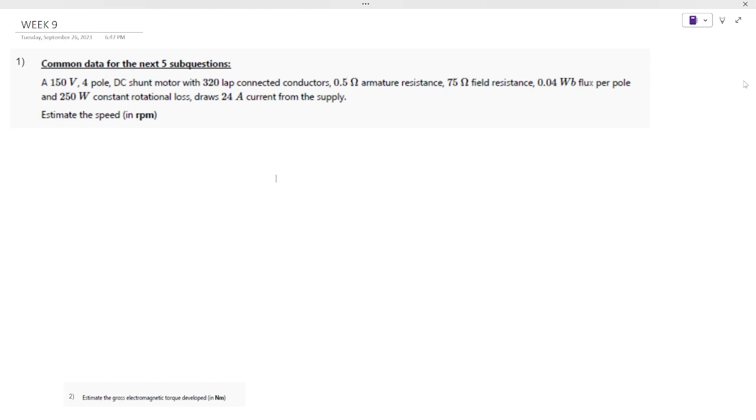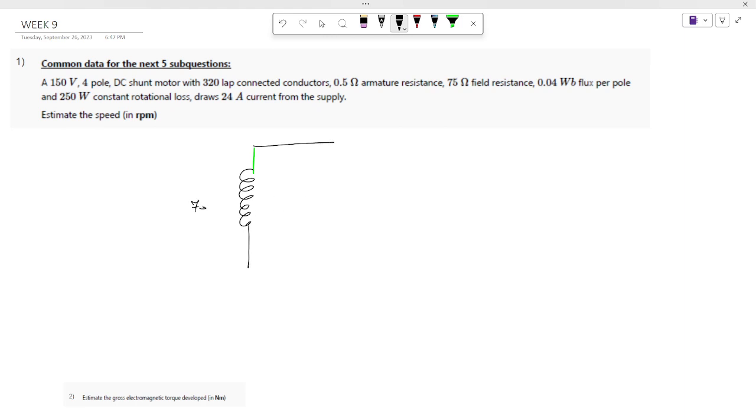What they have given: this is a DC shunt motor, RF is 75 ohms, RA, the armature resistance, is 0.5 ohms.